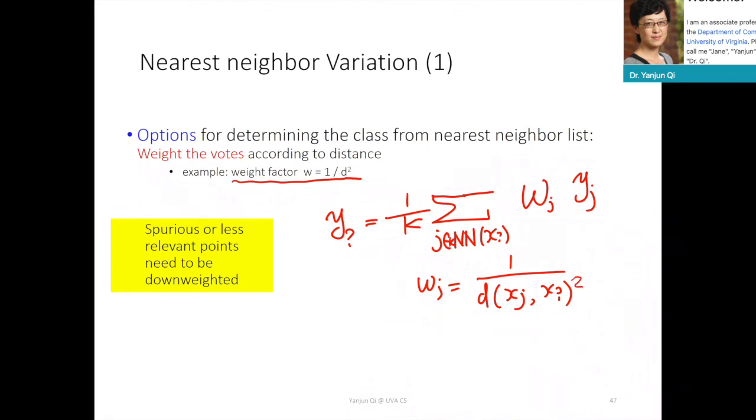For example, in regression, if I use this term, it is almost exactly the kernel weighted regression formulation. I will consider closer points' decisions more, I weight them more, and I consider far away points' decisions less in influencing my prediction. That's all about it.